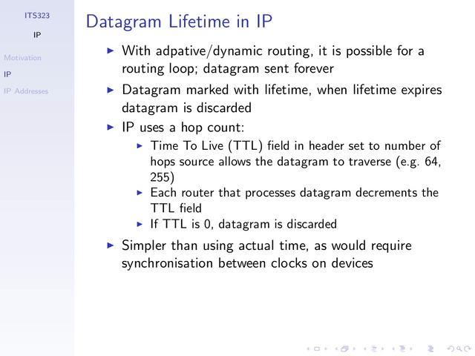It's useful if we have errors in the network. That is, the routing tables are configured such that R1 sends to R2 and R2 sends back to R1. Maybe you get a job at an internet service provider and your job is to configure the routing tables, but you make a mistake and say the routing table for R1 sends to R2 and the routing table for R2 sends back to R1.